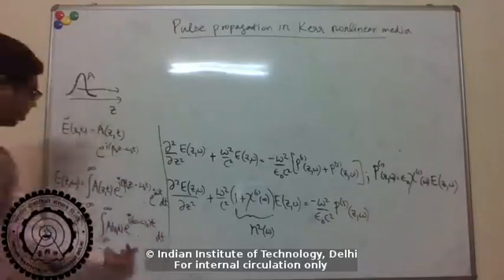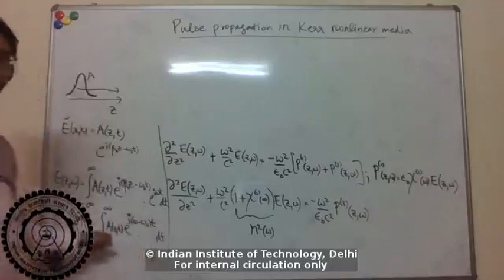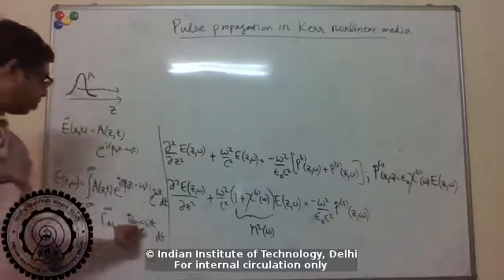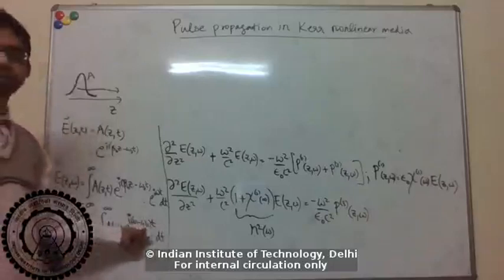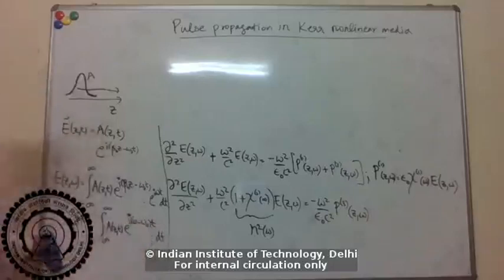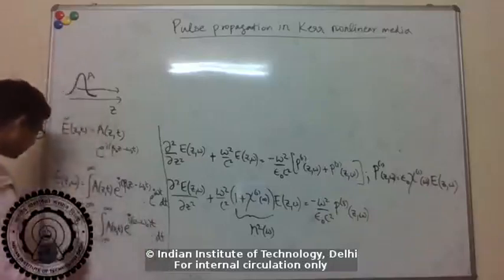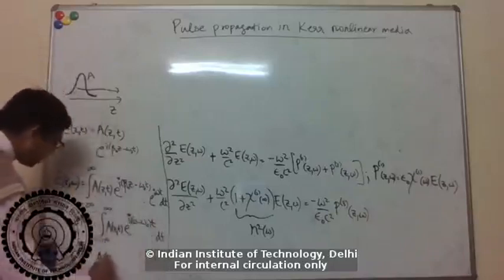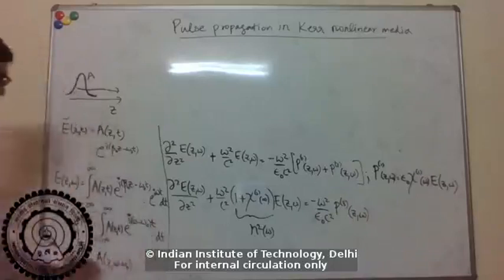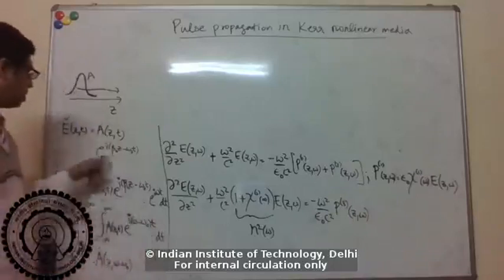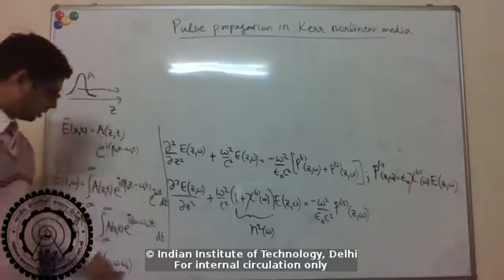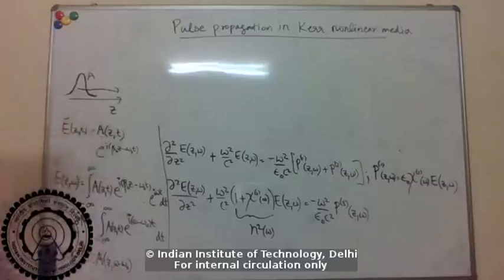Right, so basically this is the Fourier transform of A at the frequency omega minus omega naught. So this is basically A of z comma omega minus omega naught.